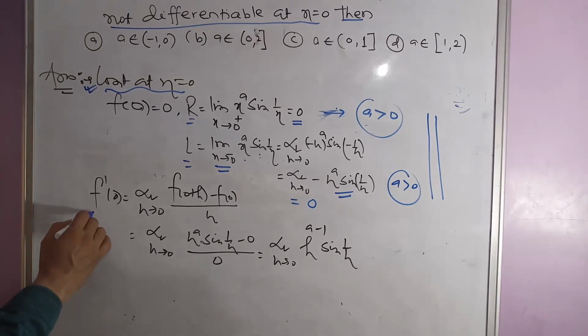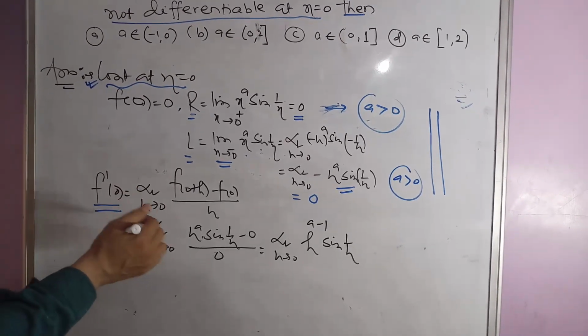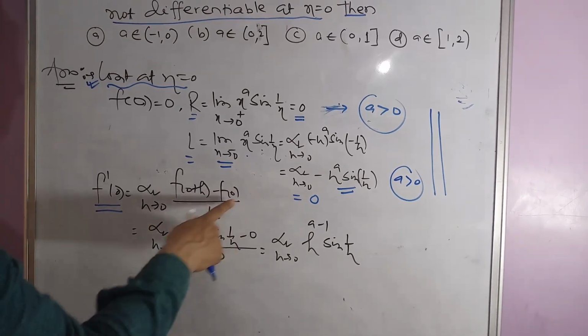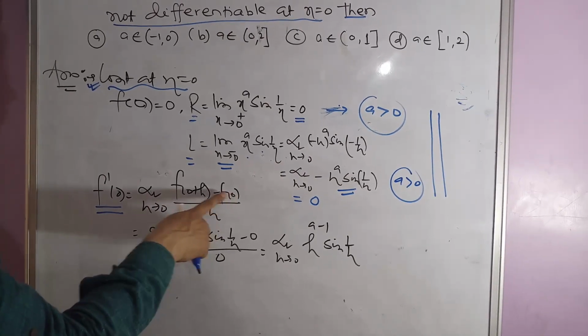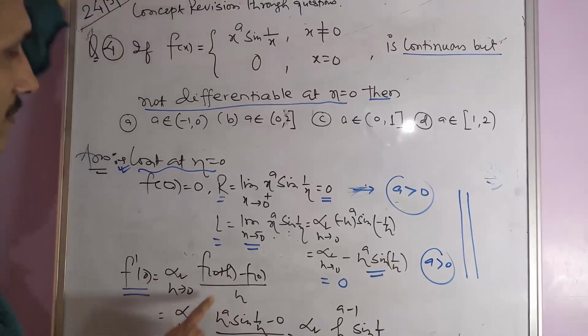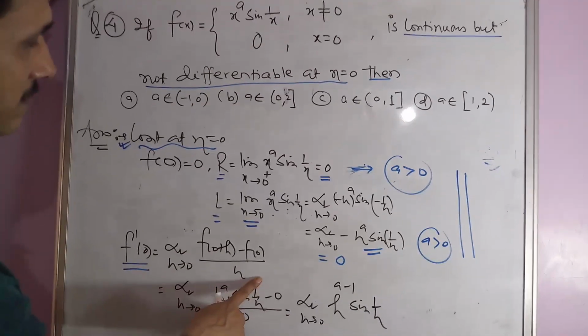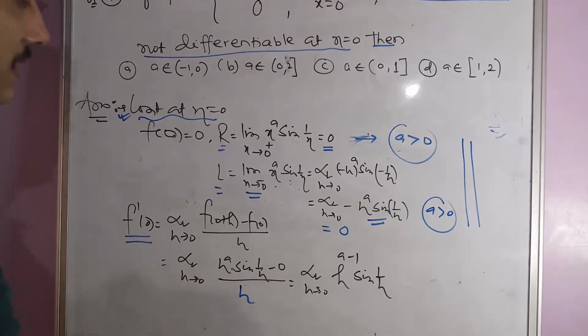Next, we write differentiability at a point: f dash 0 is limit h tends to 0 of f(0 plus h) minus f(0) by h. Here f of 0 equal to 0 and f(h) is h to the power a sine 1 by h, so h to the power a sine 1 by h minus 0 divided by h.